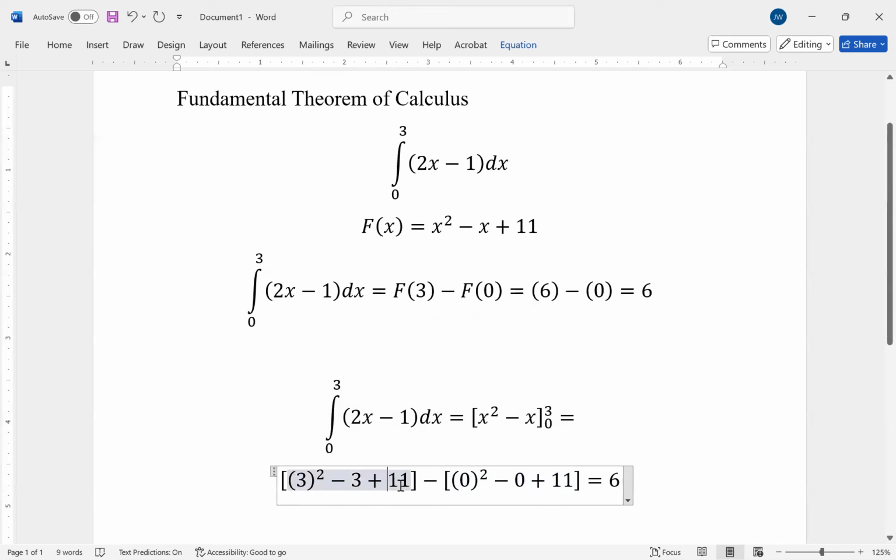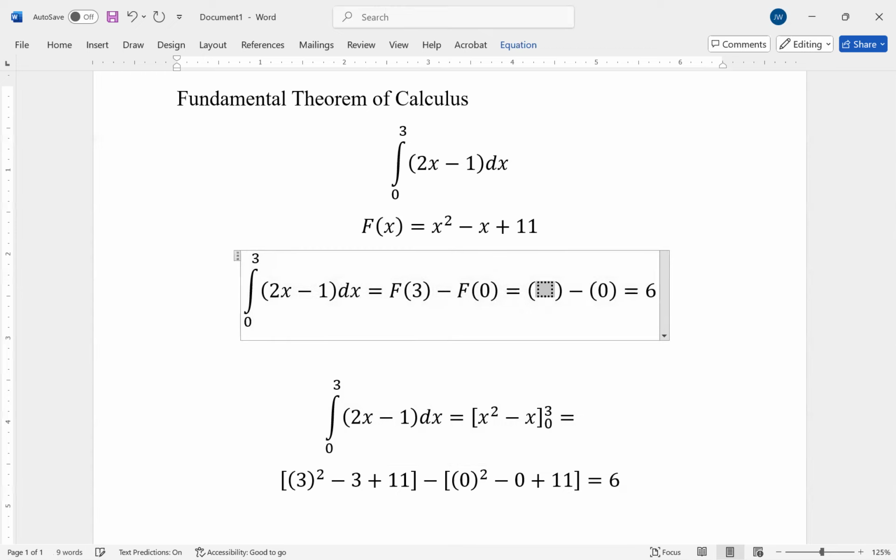But this plus 11 and then minus this 11 would have canceled each other out and I would have gotten 6. The same with this notation, I would have just gotten 6 plus 11, so I would have gotten 17.